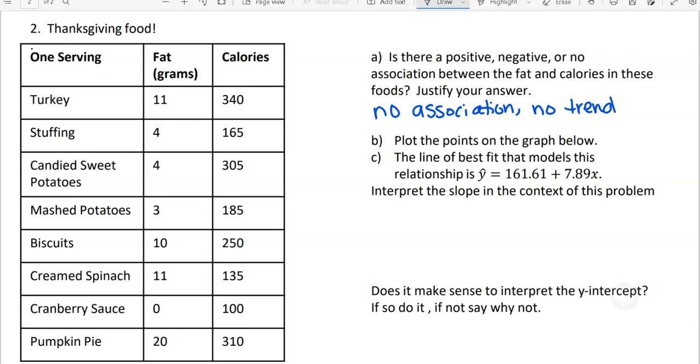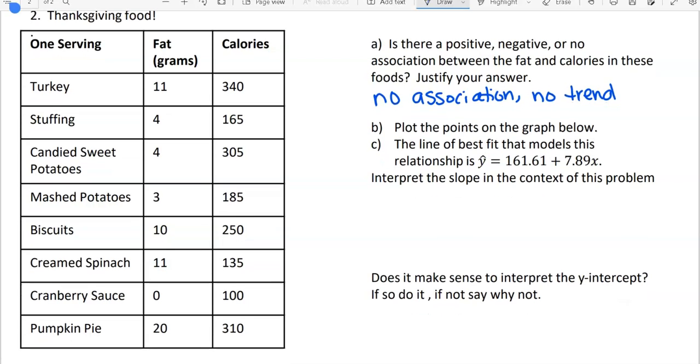The line of best fit that models this relationship is y equals 161.61 plus 7.89x. Interpret the slope in the context of this problem. Slope is change in y over change in x. According to my table, that is calories over fat.